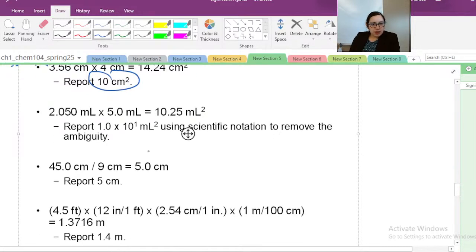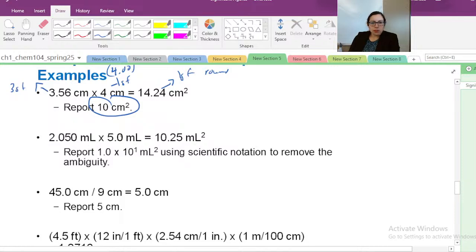So again, similar situation. Which ones are limiting sig fig on this next example? Which one has the least amount?